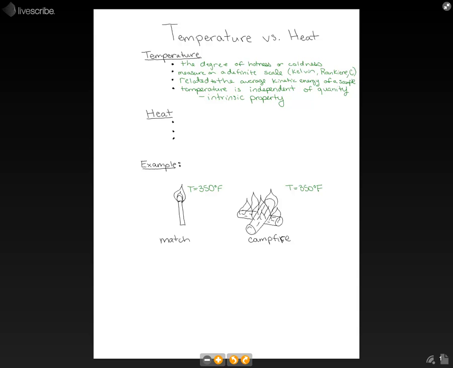Now moving on to heat. Some definitions of heat we have are the fact that it's a form of energy, its value can change based on the amount of the sample, and when we add heat to things, it can increase their temperature.